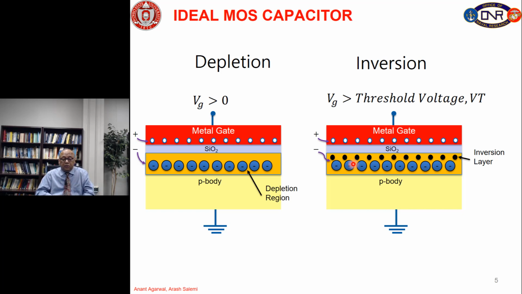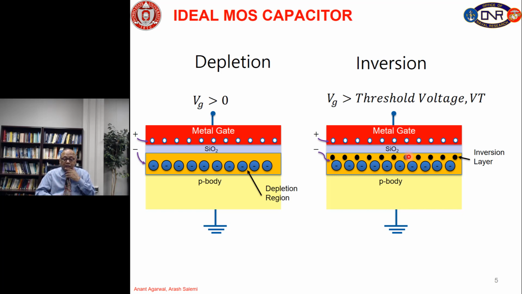So, remember, this negative charge is due to the ionized acceptor impurities which are left behind because the holes have left, and this negative charge is because of the free electrons that are in the conduction band.